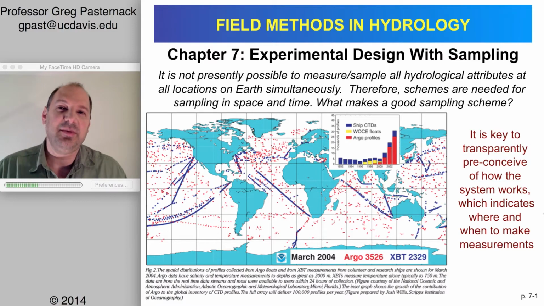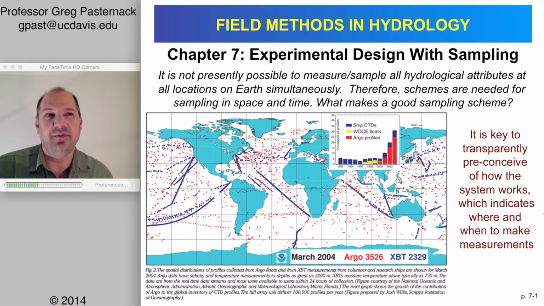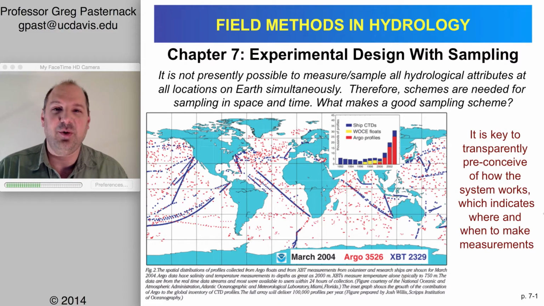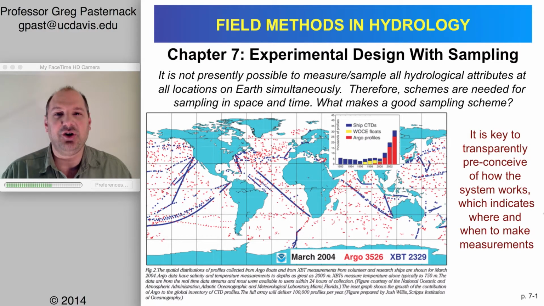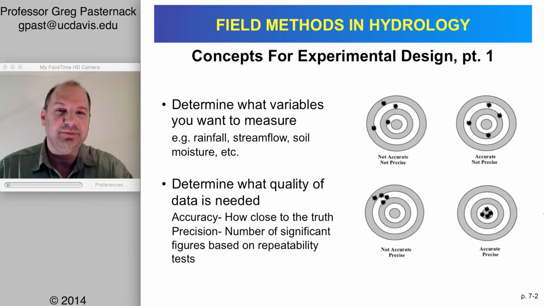And of course, most importantly, as I addressed in the historical analysis and theory behind field work, preconceiving of what you expect to happen is essential in order to design how you're going to sample and monitor. I have a few concepts that I'd like to present up front before we get into the different alternatives of how to go about this.